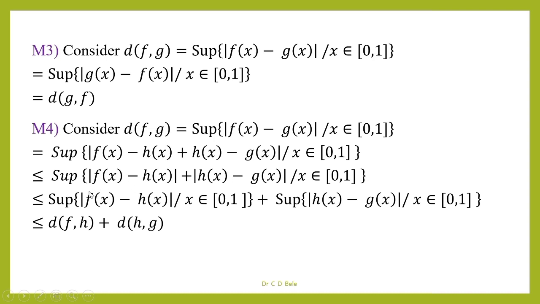Now split this: this is greater than or equal to the supremum of the set of all absolute values of f of x minus h of x such that x belongs to the closed interval 0 to 1, plus the supremum of the set of all absolute values of h of x minus g of x such that x belongs to the closed interval 0 to 1. Now by definition of d, this is nothing but d of f, h, and this is nothing but d of h, g, and therefore it satisfies the triangle inequality.